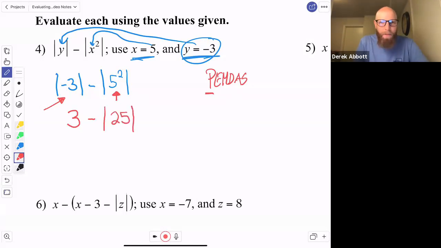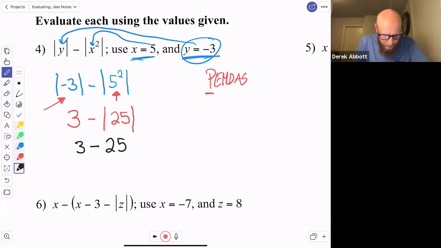But I'm going to keep the absolute value sign because that still acts as its parenthesis. Now, as I talk about it, I need to say, what does it actually mean? So 3 minus, because that minus sign just kind of hangs out there, absolute value 25. How far is 25 from 0? 25 units. You're right. So 25 is what that happens to be.